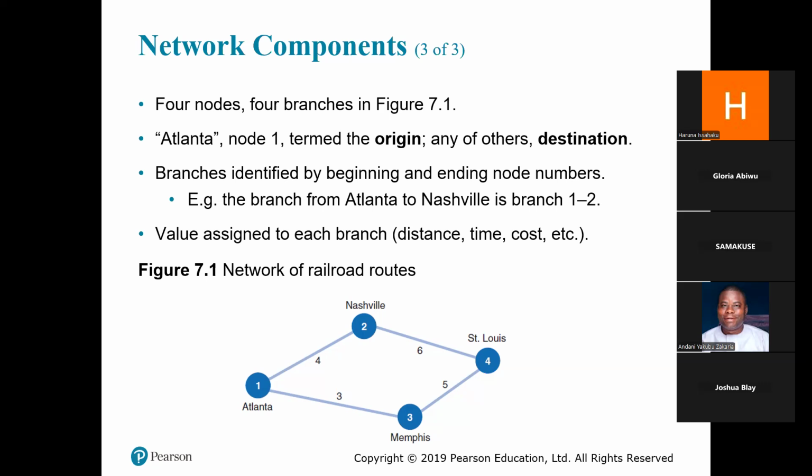So it means we are moving from Atlanta, and from Atlanta, we can go to Nashville, we can go to Memphis, or we can go to St. Louis. So Atlanta is the origin. Any other point that is shown is regarded as a destination.